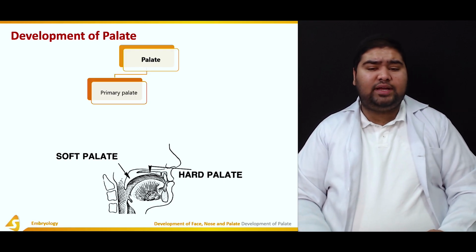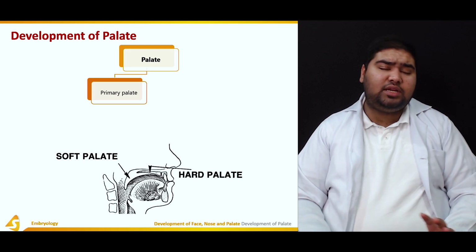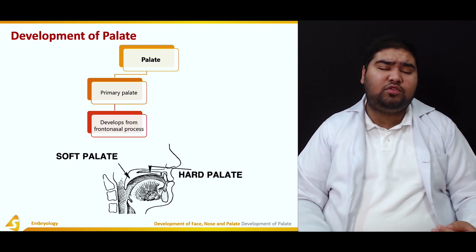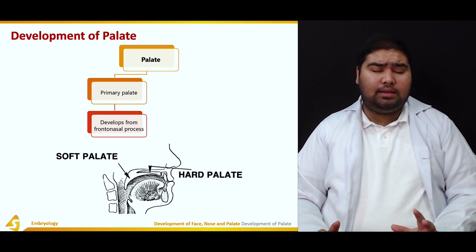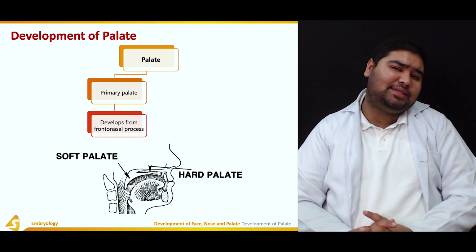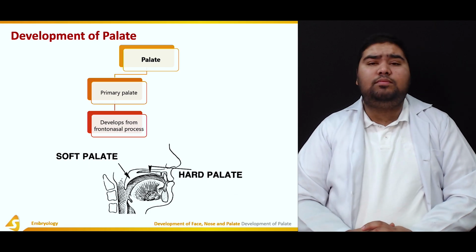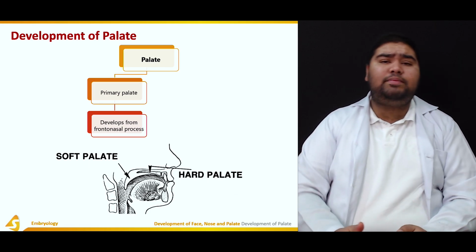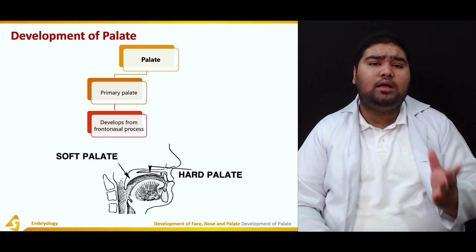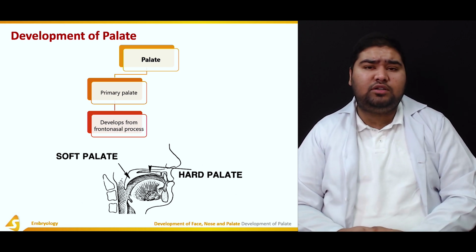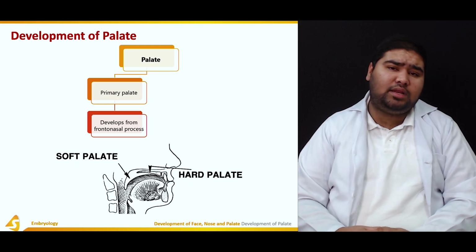So palate is divided developmentally into a primary palate, which develops from the frontonasal process. We talked about it before. The intermaxillary segment is formed by the fusion of the medial nasal process of the frontonasal process and the maxillary processes.